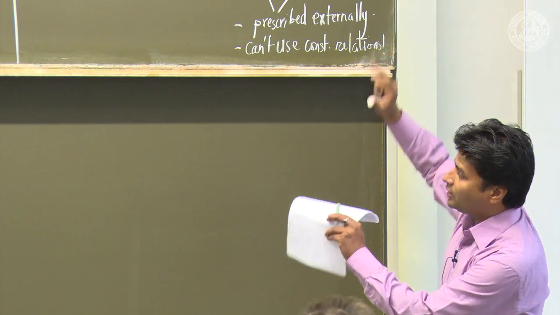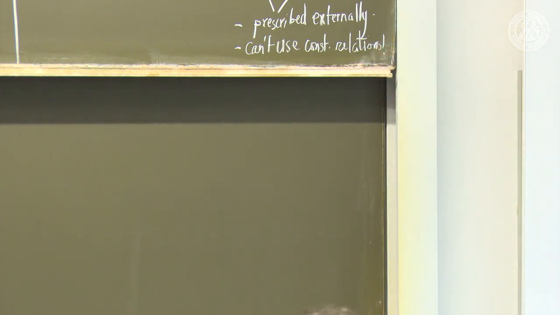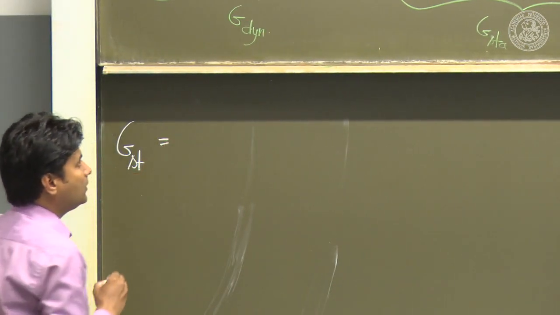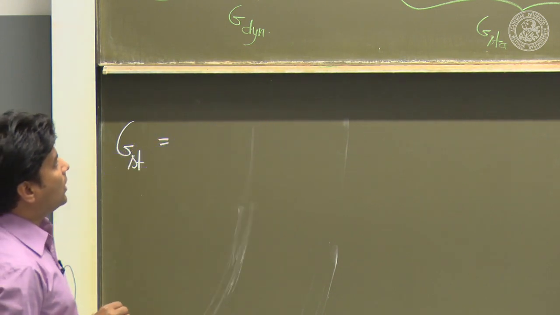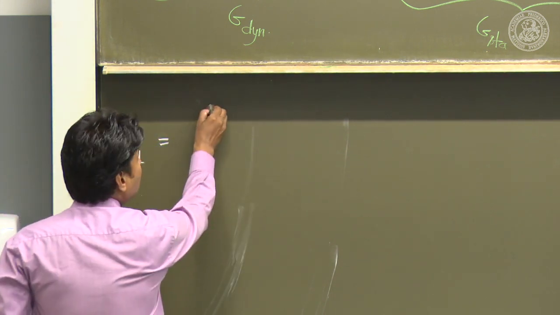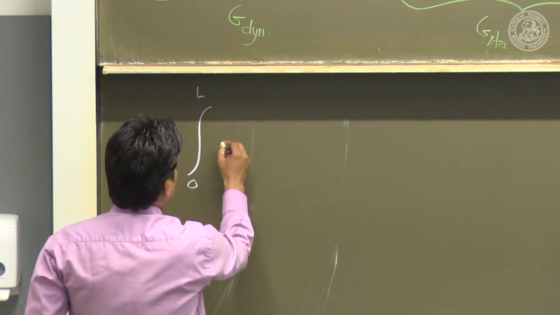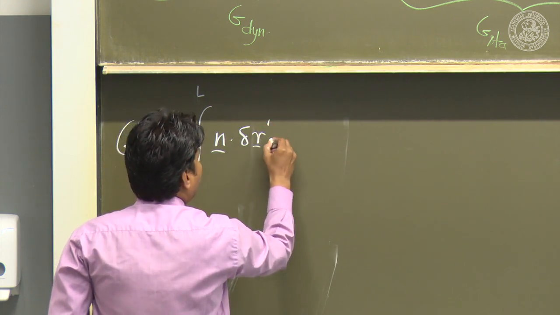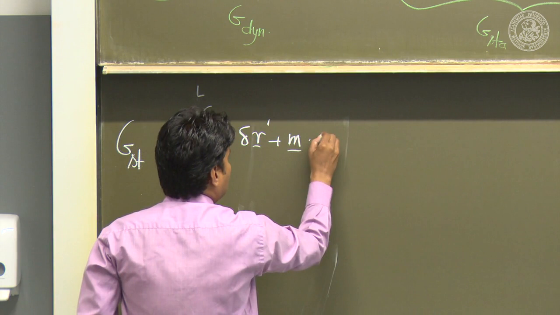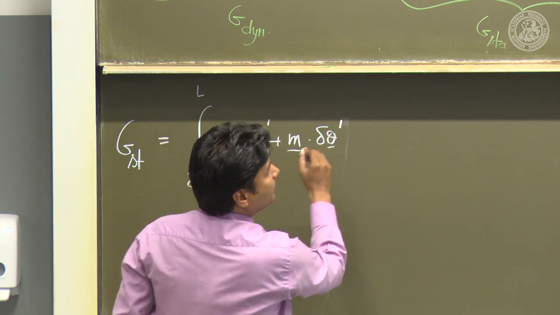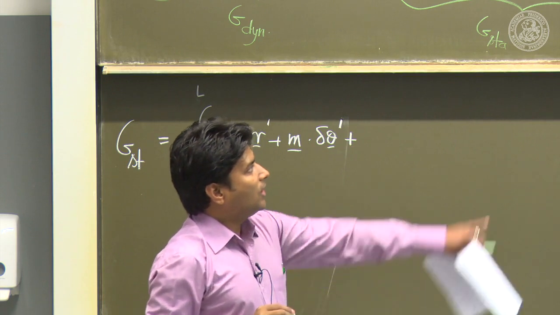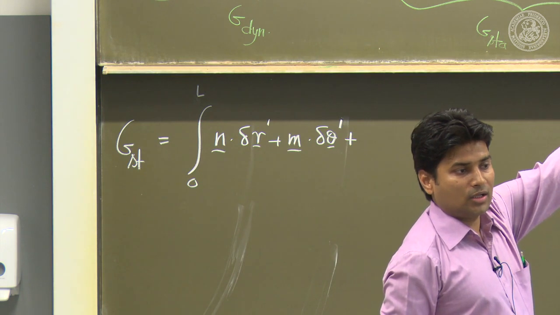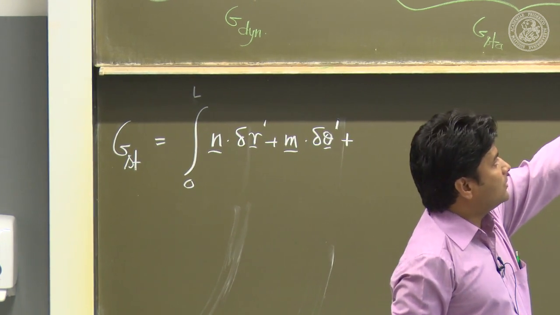So we are further going to rewrite it. G static is then simply integral 0 to L, n dot del r prime plus m dot del theta prime plus, and you see that is the scalar triple product, n cross little r prime dot del theta.